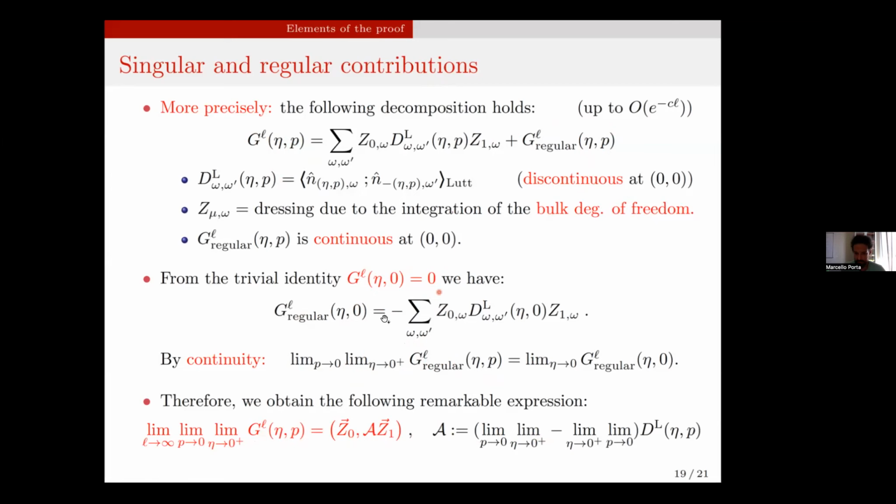If you use the fact that this guy is equal to the limit of this guy and you put it here, you find out that the limiting value of the edge response function is related to the discontinuity of this matrix at 0. Okay, if this was continuous, then it would be 0. So this means there would be no edge modes and the response would be trivial. But because you have edge modes and you have this emergent Luttinger liquid description, this guy is not 0, and this will give you in general a non-trivial transfer.